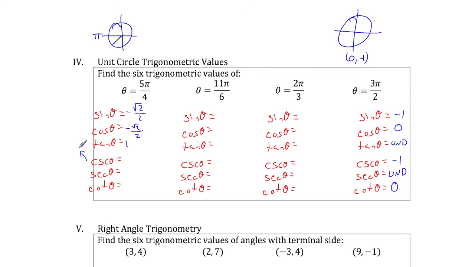So if we take the reciprocal of negative root 2 over 2 and flip that into negative 2 over root 2, we can rationalize the denominator by getting negative 2 root 2 over root 2, and the root 2's cancel.